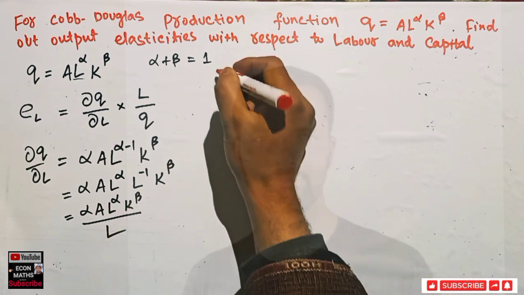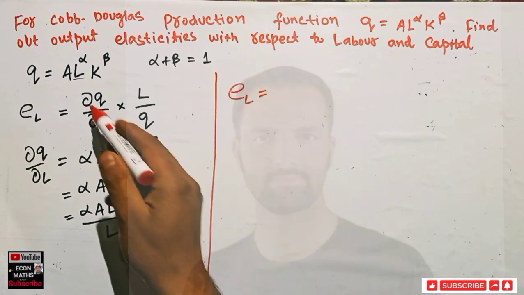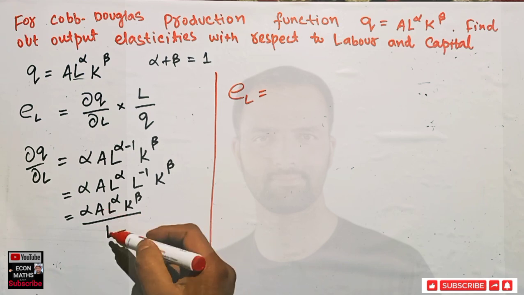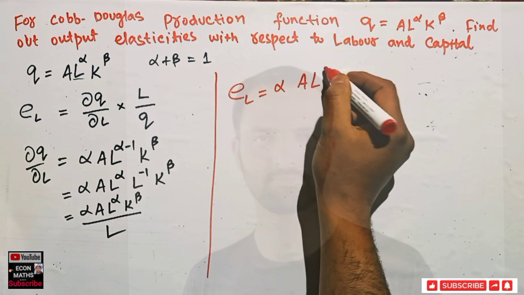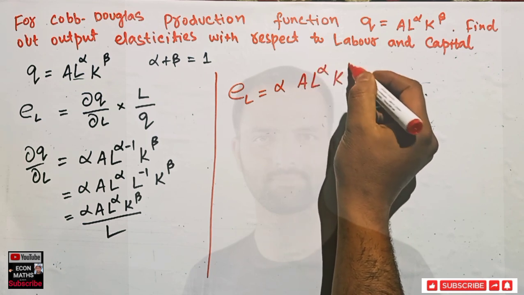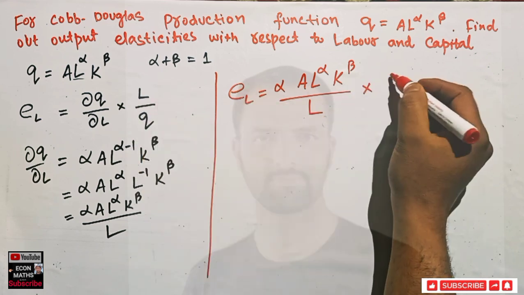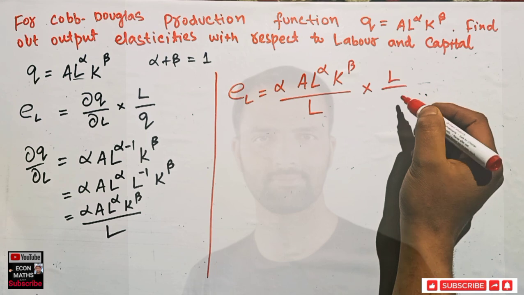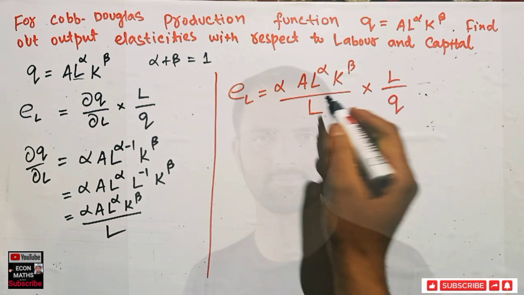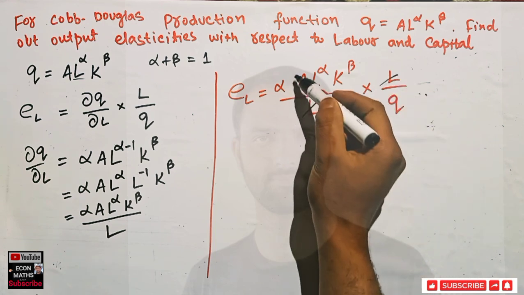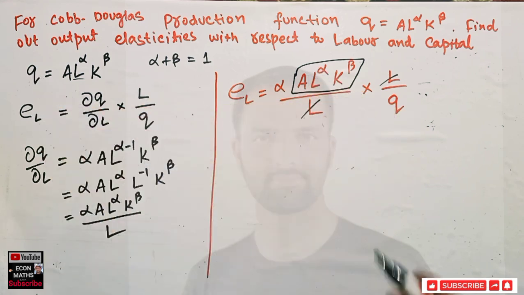So we got this very thing. Now the output elasticity of labor is equal to dQ upon dL, which we got as alpha A L to the power alpha K to the power beta upon L, into L upon Q. Now here you can easily see, if I just cancel these two, this very thing is equal to Q, which was in the question.